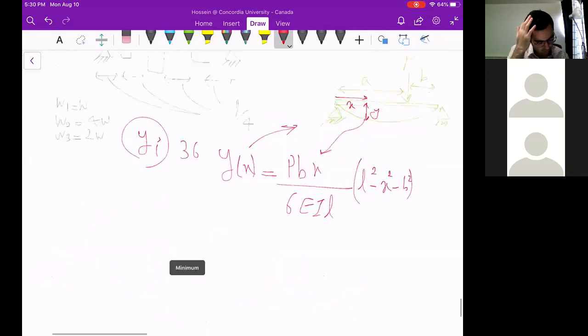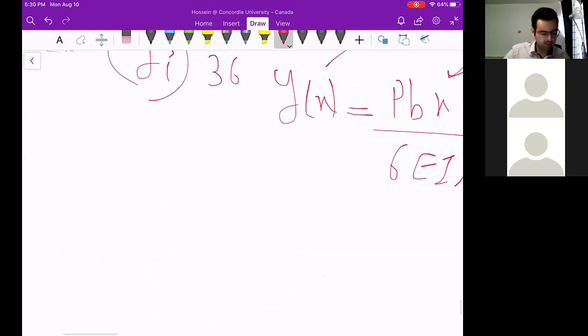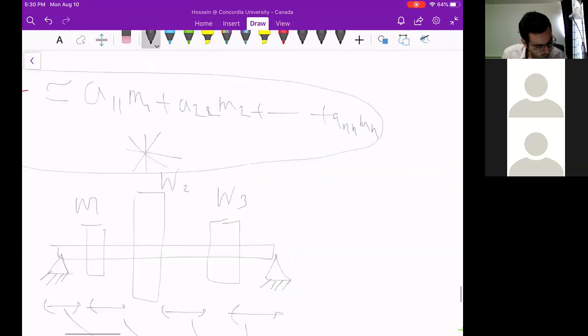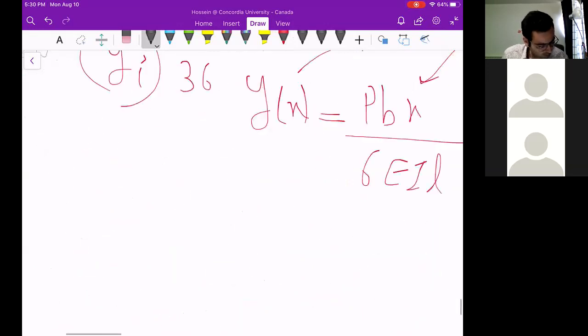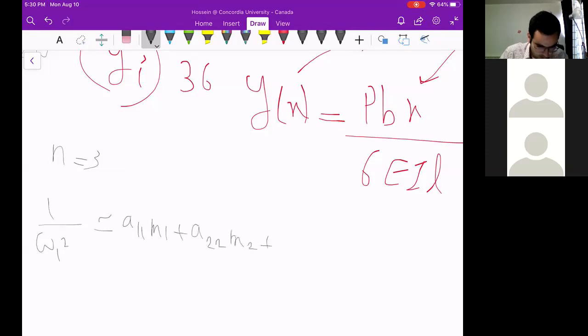Therefore, simply all you need for the natural frequency is to obtain A11, A22, A33. Because we have 3 masses, the number of degrees of freedom n would be 3, and therefore 1 over omega 1 squared is approximately equal to A11 M1 plus A22 M2 plus A33 M3.